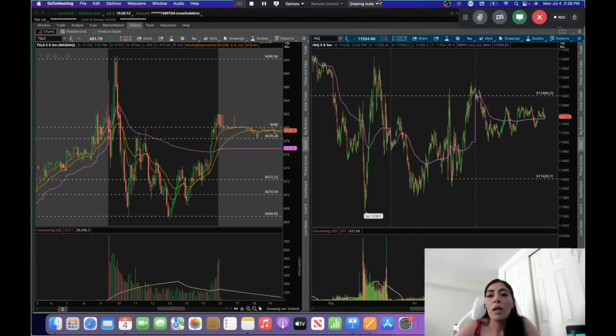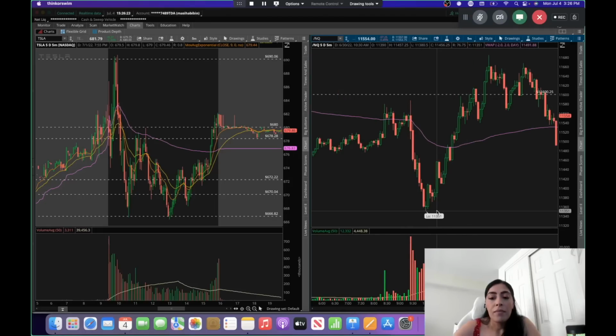Cool. Next thing is levels. Like I said, you want to chart your futures just like you chart any stock. Let's say, for example, NASDAQ and ES are approaching their low of day, and Tesla, or any stock that you're watching, let's say NVIDIA, is approaching too.